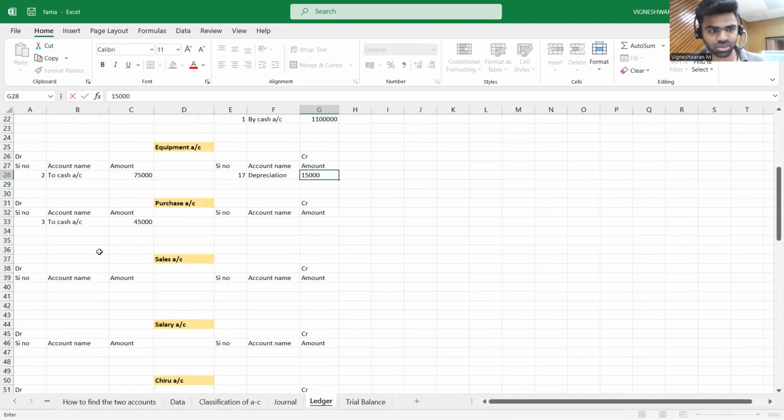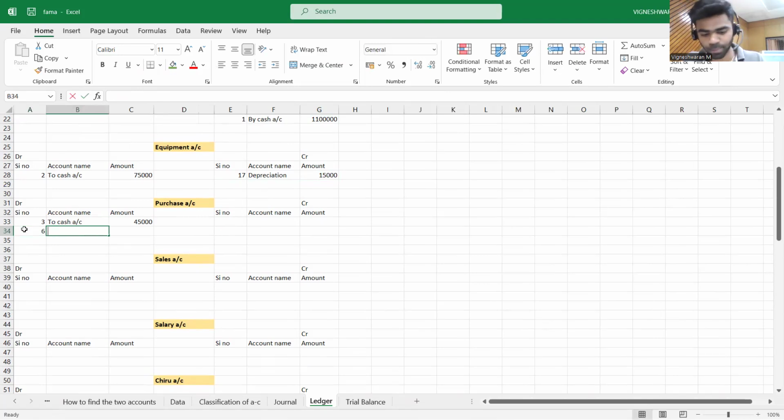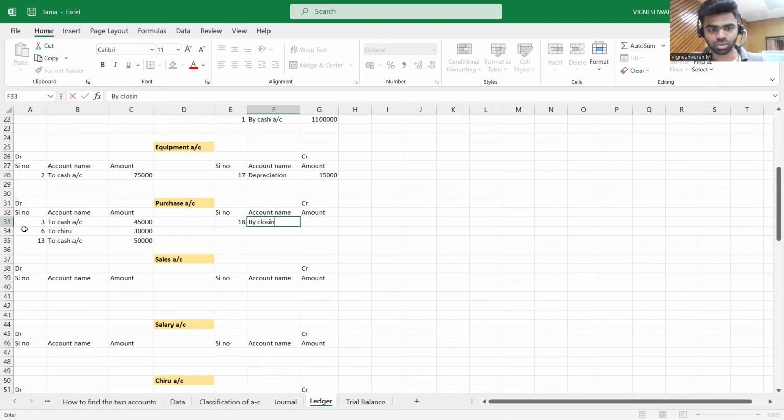For purchase, sixth one, 20, 30, 1, 2, 3. In the 13th one, to cash, 50,000. Here it is 18, by closing stock, 23,000.